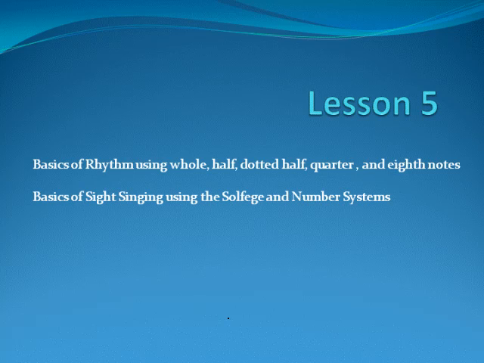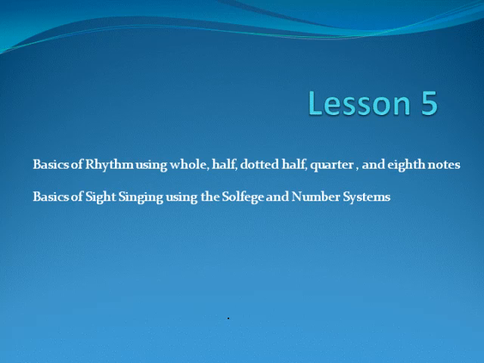In Lesson 5, you will be asked to count using half notes, dotted half notes, quarter notes, and eighth notes. And the eighth notes are something that is a little bit different. Also in Lesson 5, you're asked to start to get some knowledge about sight singing. There are two systems that are mainly used for sight singing.